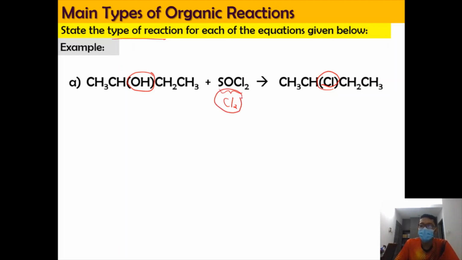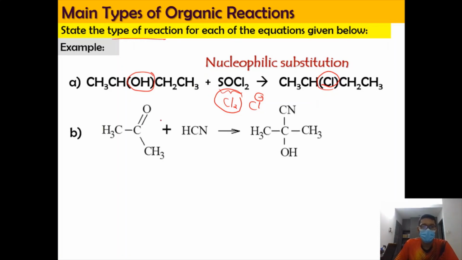chlorine here acting as the nucleophile. Okay, so chlorine will have Cl minus. Okay, so the Cl minus going to attack here, and OH will be removed out. So it's a nucleophilic substitution. For B, we'll be having a ketone H3C, C double bond O, CH3.